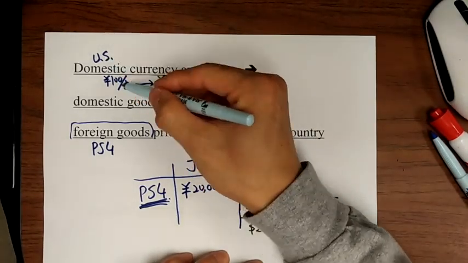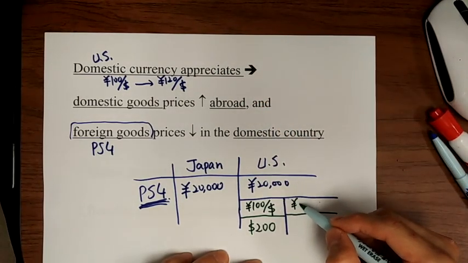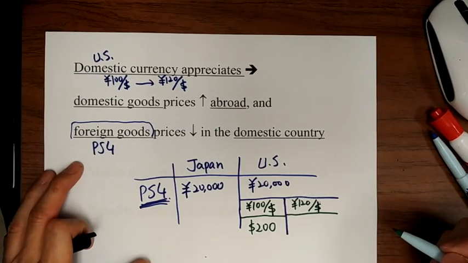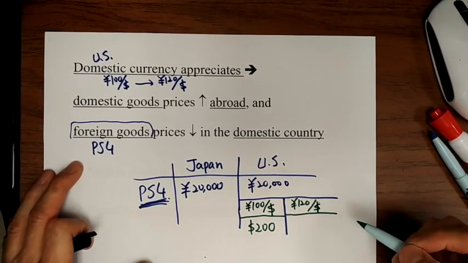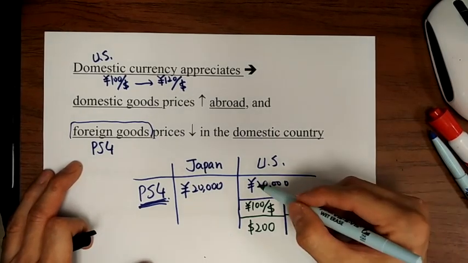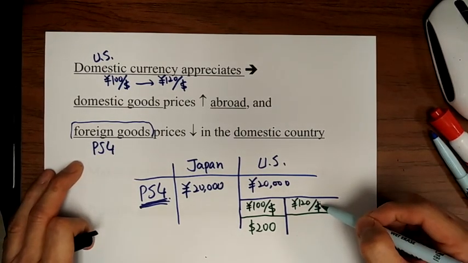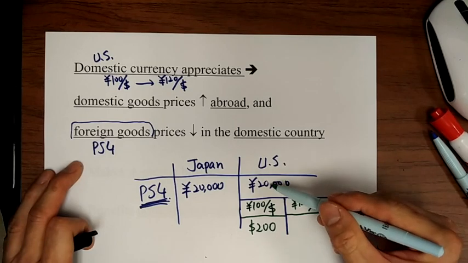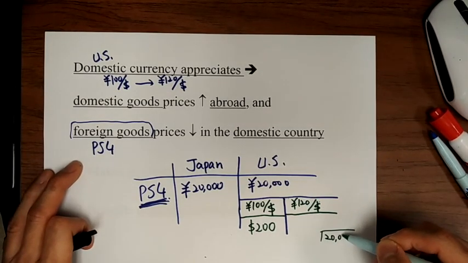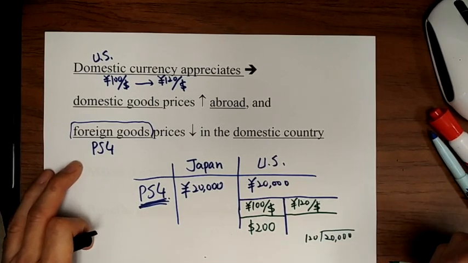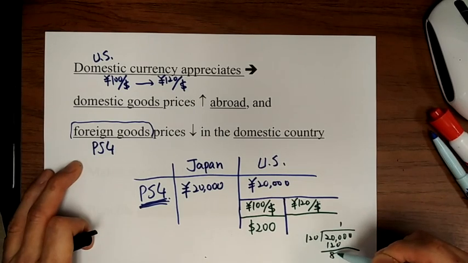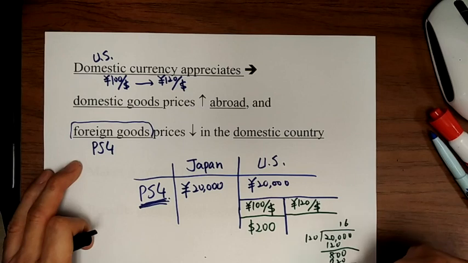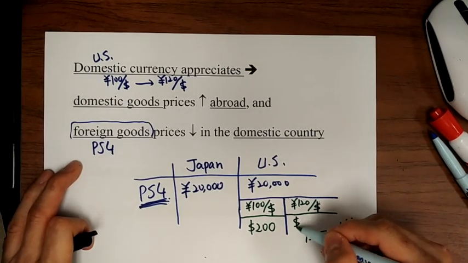Now, if US dollar appreciates against yen so that $1 can buy 120 yens, then how many dollars do you need to buy 20,000 yens? $1 buys 120 yens. 20,000 divided by 120 is about $166.